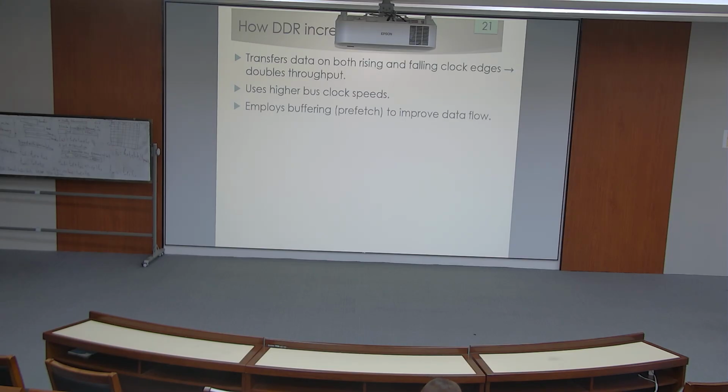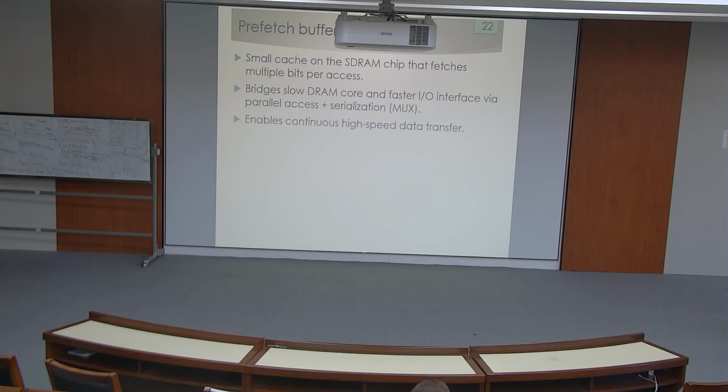Then there was a need for the introduction of the double data rate, which uses both the rising and the falling clock edge to improve the data rate when it comes to the input-output, and which uses a technique that we call buffering or prefetch to improve the data flow.